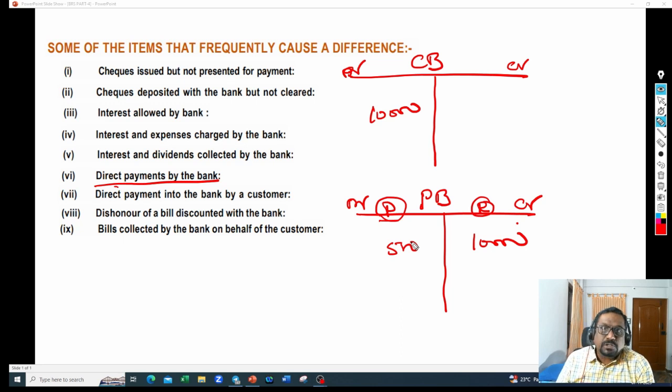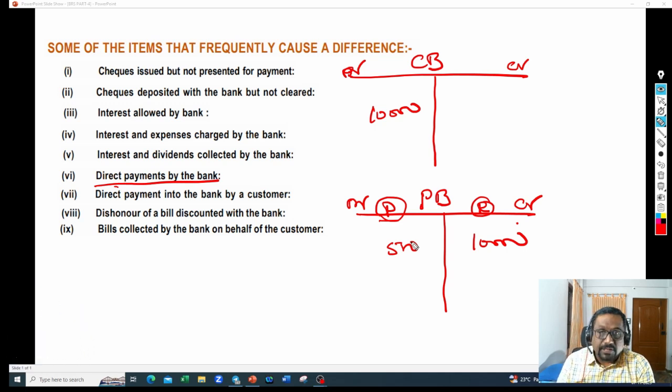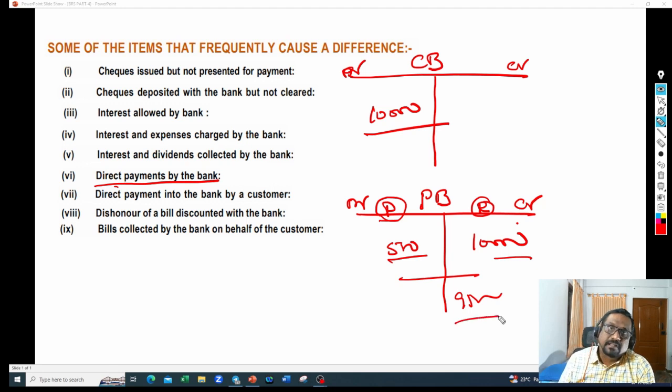Since that communication was not given to the business, that amount wouldn't have been recorded in the cash book. Since that was not recorded in the cash book, obviously there will be a difference between these two balances. Here it is showing 10,000, here it is showing 9,500, 10,000 minus 500, 9,500. Why has the difference come? Because the banker made the payments but did not communicate to the business, hence there is a difference. Are you clear? Next.